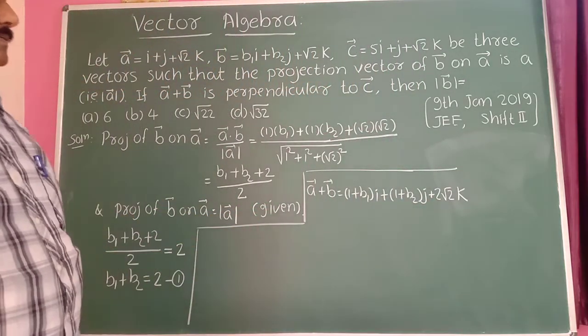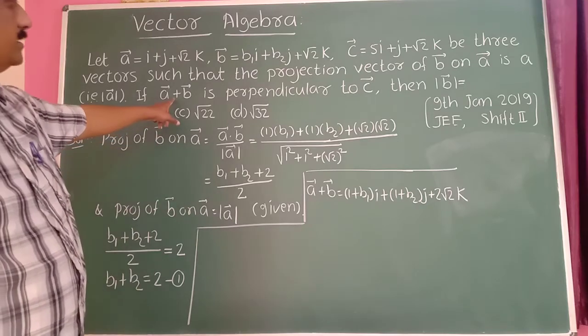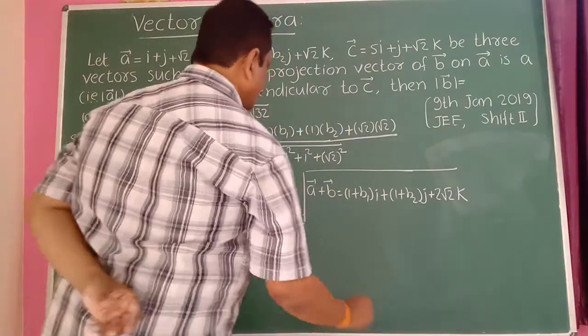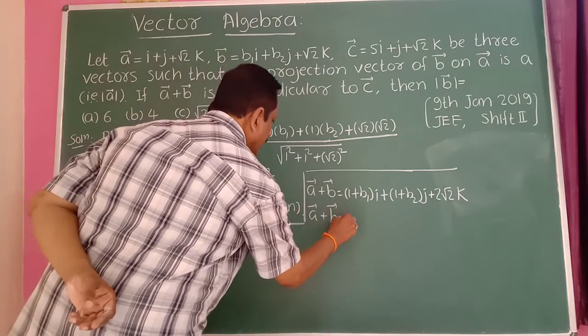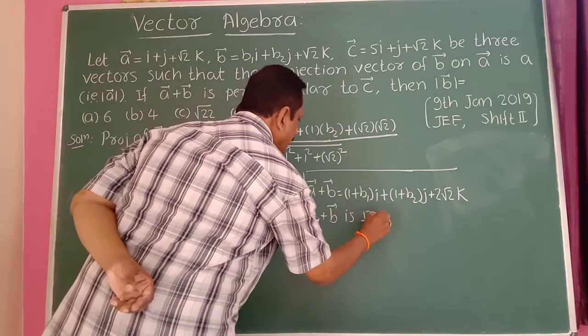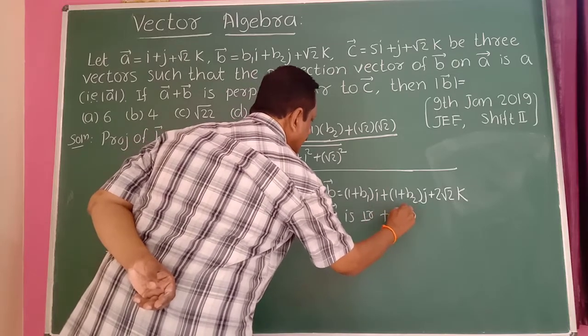This is a bar plus b bar, and a bar plus b bar is perpendicular to the vector c bar here.